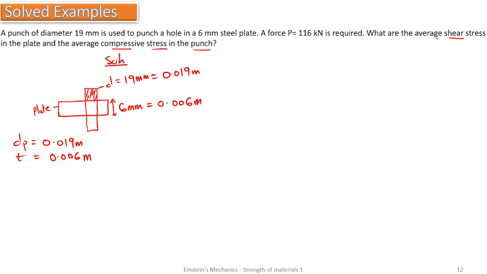So we have to find the average shear stress in the plate. What happens if the plate is shearing at the point of contact? So we should know the area that would be the shearing area. So we can consider this small shearing area, and we can get a diagram in this form.